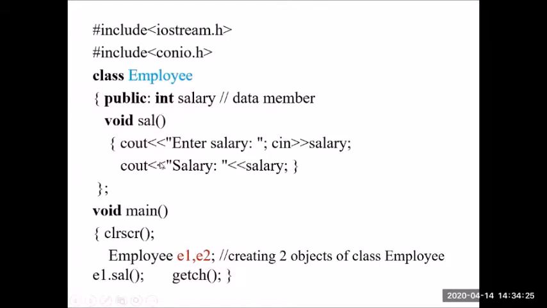Here we are taking a function and writing a simple program to enter the salary of each person. And in the main function, I will declare two objects of type employee. E1 and E2 are two objects of type employee, and they will have all the properties, like this salary, which is a main property of this class employee. These objects will include all these properties in the class. So this is how we use it.